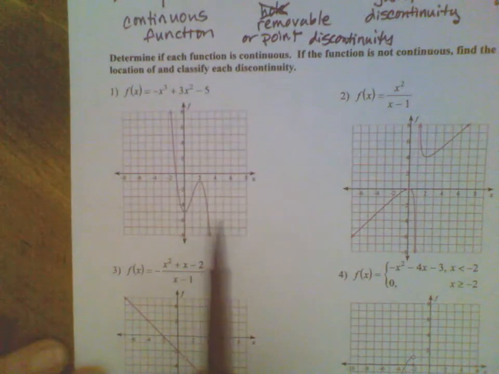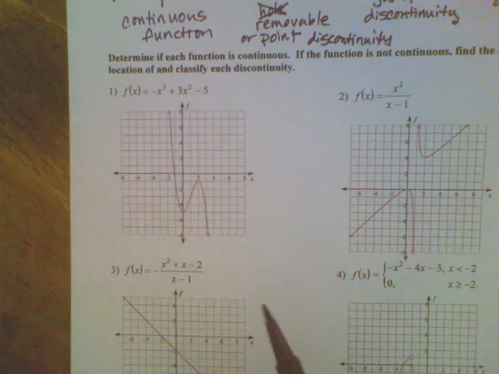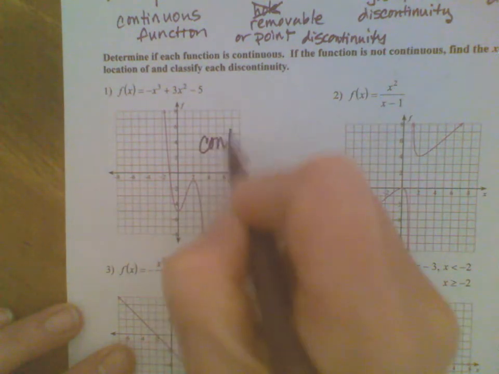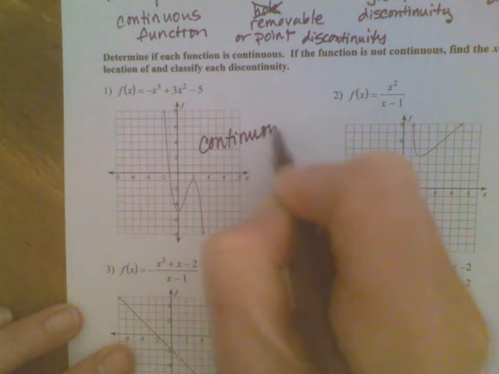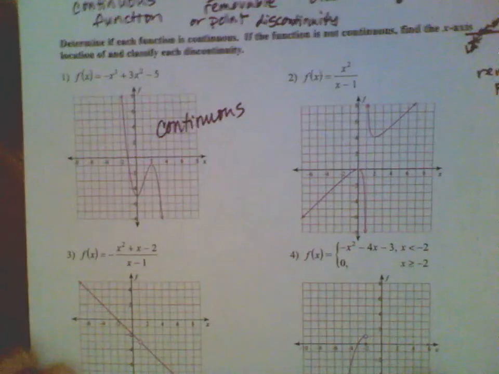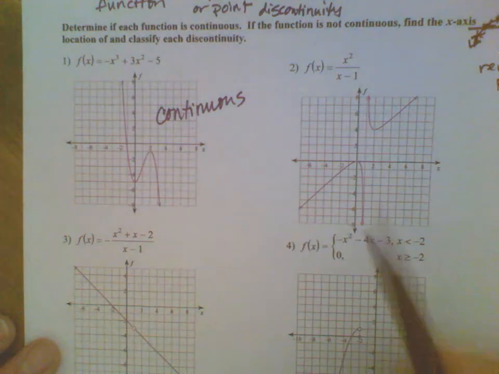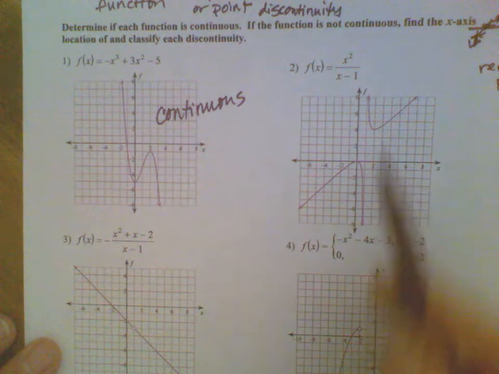Okay, so when I look at this first graph, notice no holes, no breaks, no jumps, no nothing. What do I say about this graph? I say it's continuous. Done. That's it. Okay. What about this function? Well, I notice this asymptote here.